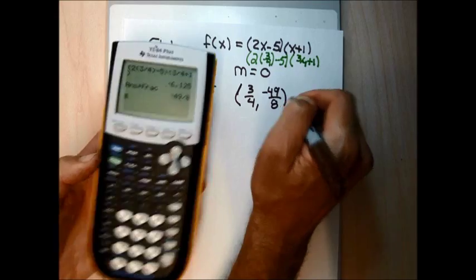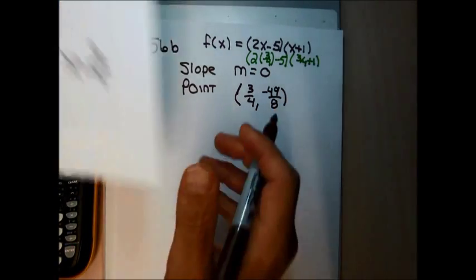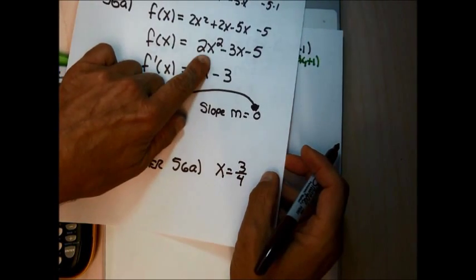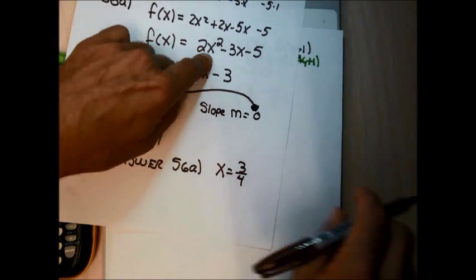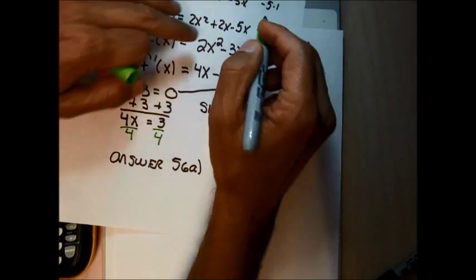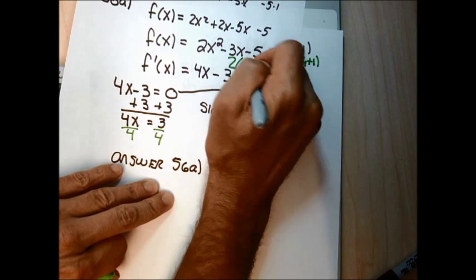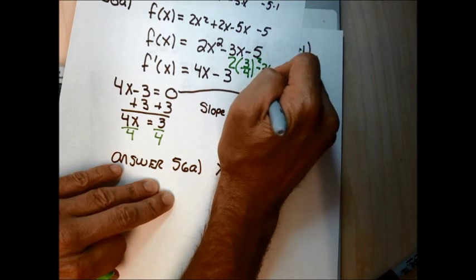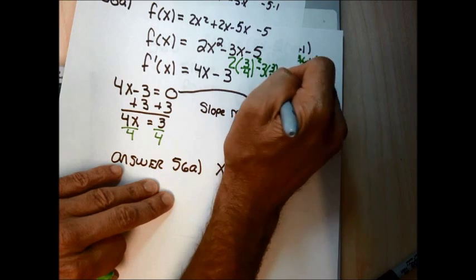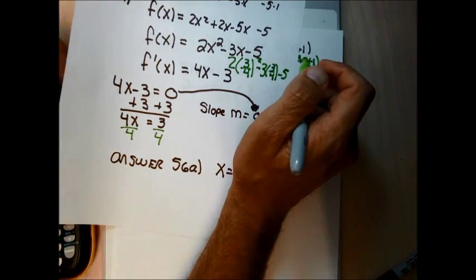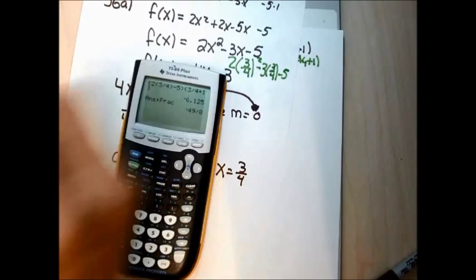Just to show you that I could have used the form of the function that I took the derivative from, if I plug 3/4 into that and did 2 times 3/4 squared minus 3 times 3/4 minus 5, I have to get this same answer, negative 49/8.